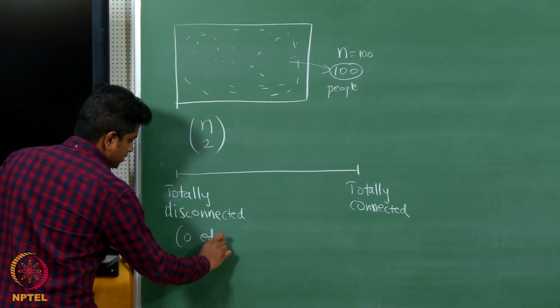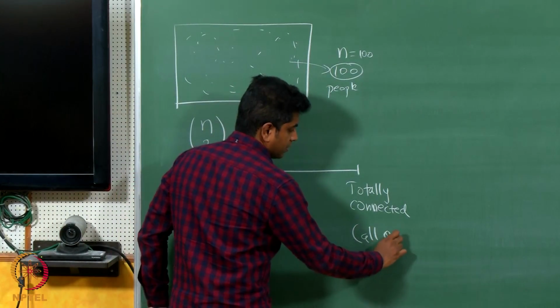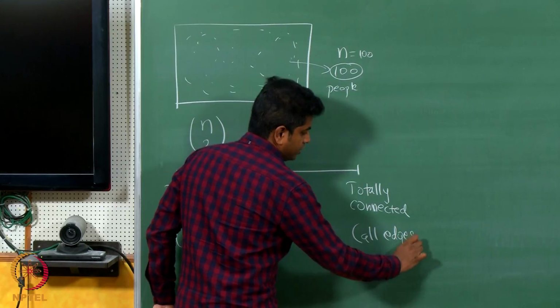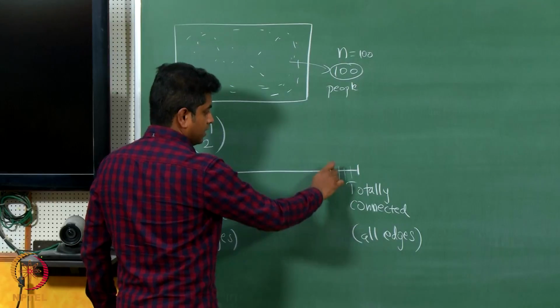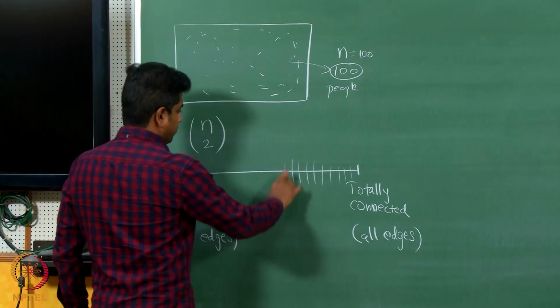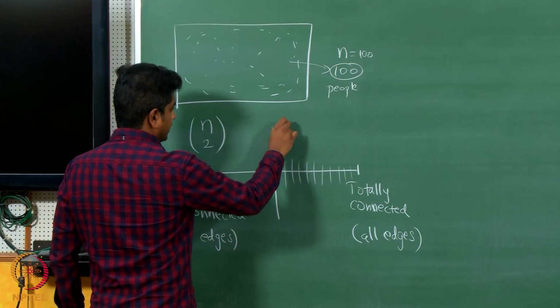Zero edges, no edge at all, n choose 2 edges, okay. As you keep removing edges, you will observe that there is a point when the graph becomes disconnected.